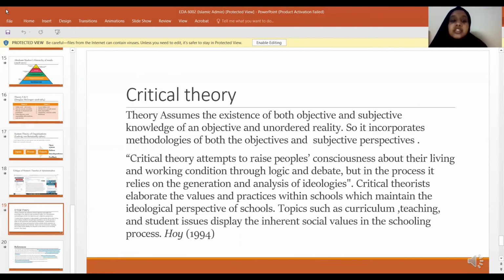But in the process, it analyzes ideology. Critical theory elaborates the values and practices within schools, with the many meanings of the ideological perspective of the school. Topics such as curriculum, teaching, and study issues display the inherent social values in the schooling process.